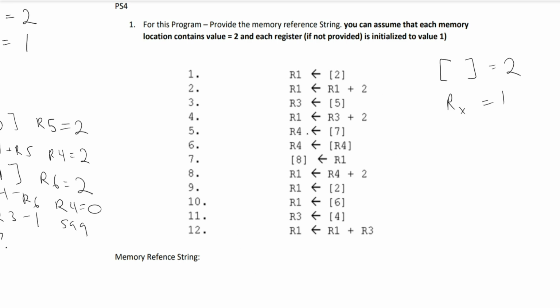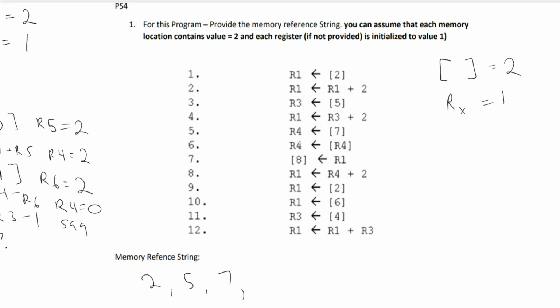Okay, so the memory reference string is going to be anything with brackets, basically, right? So 2, 5, 7. Okay, so this one is R4. Right before, we loaded whatever was in address 7 on main memory.